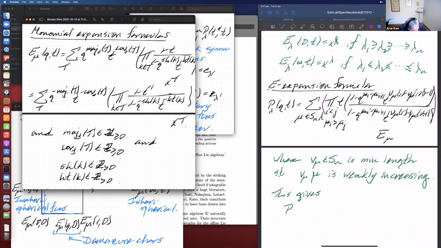So another way to say the same thing, and I really like to say it this way, is that E mu is obtained from 1. So 1 is my base case up here that I start from. And I obtain it by acting by a whole bunch of operators in succession.